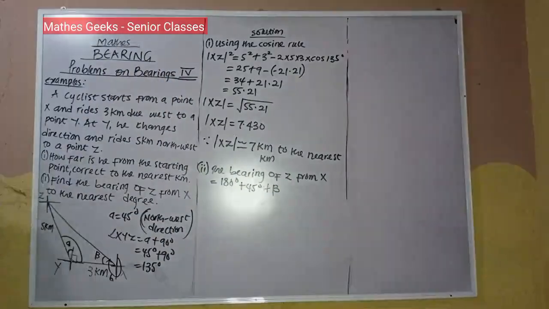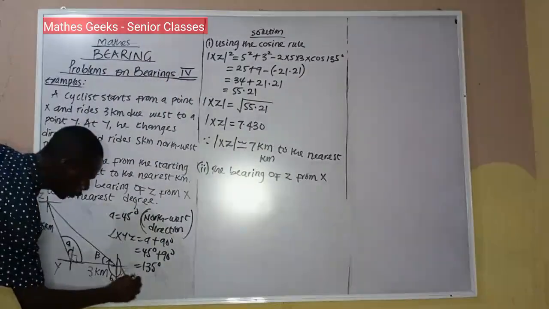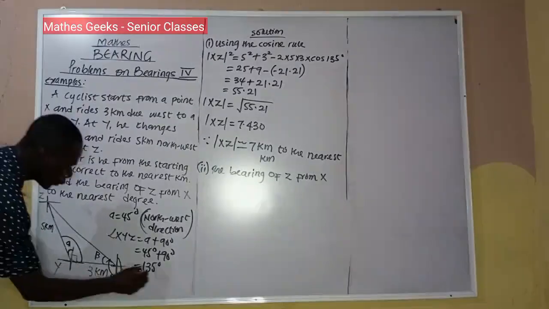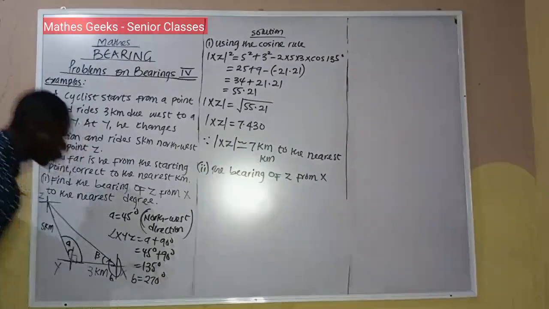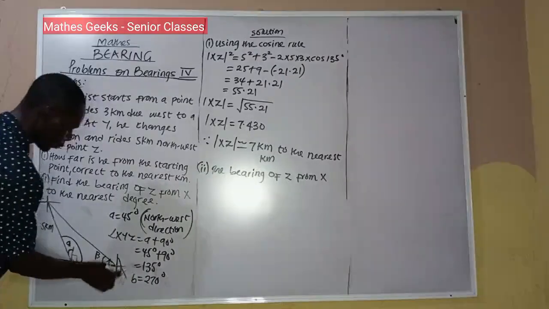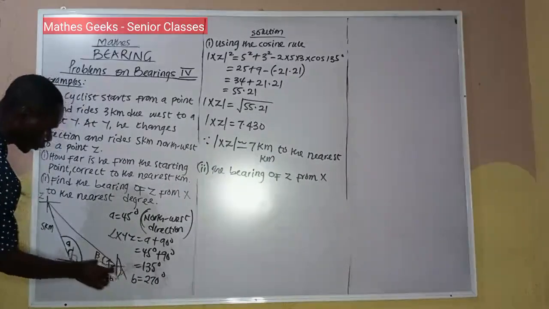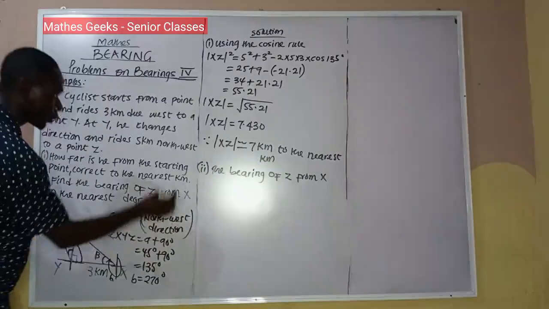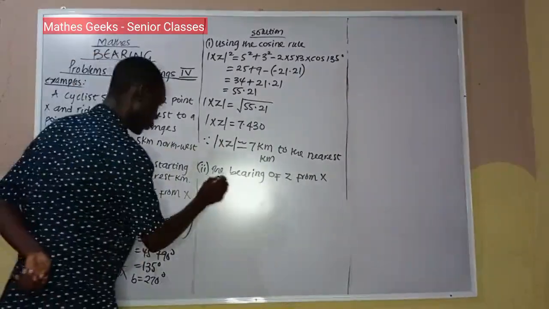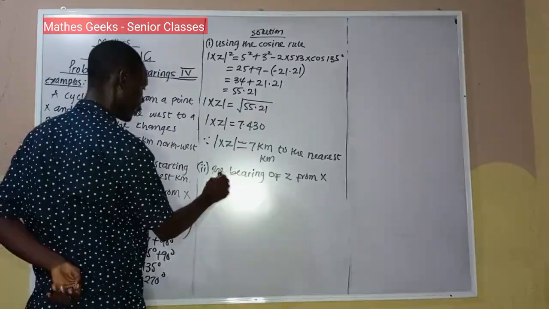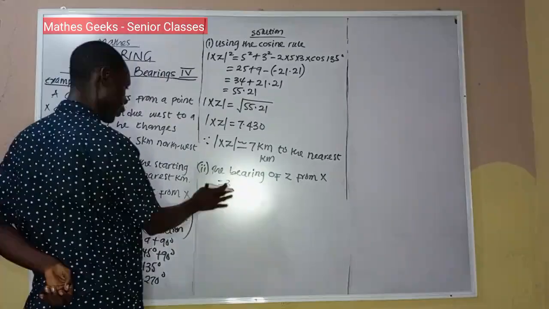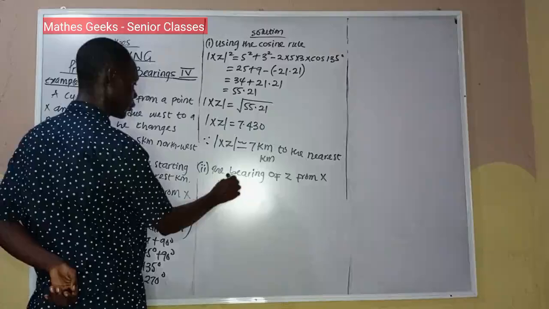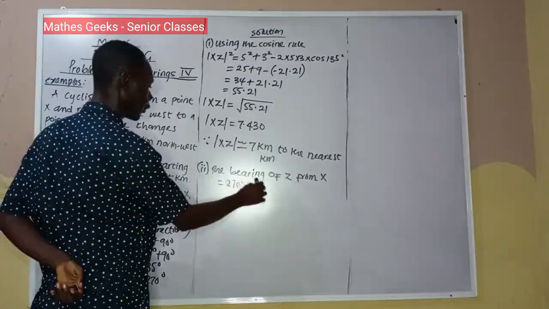B is 270 degrees, from the north to the west, 270 degrees. So plus this beta will give us the bearing of Z from X. So the bearing of Z from X is equal to 270 degrees plus beta.